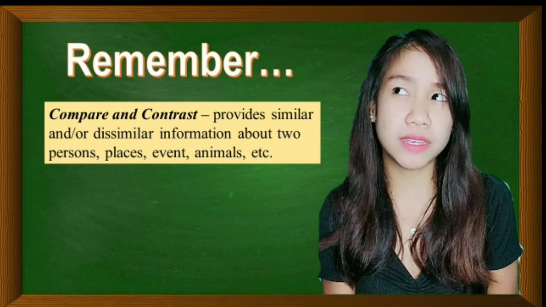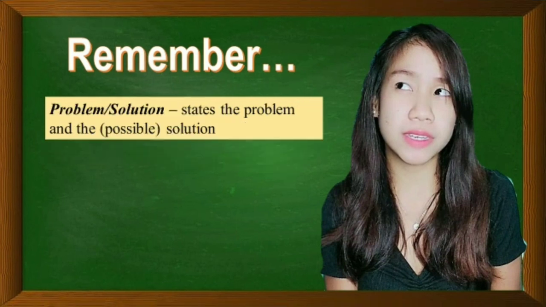It provides similar and or dissimilar information about two persons, places, events, animals, and etc. So therefore, if a text compares and contrasts something, then that's compare and contrast structure. And lastly, we have problem or solution structure. It states the problem and of course the possible solution for the problem. So if a text presents the problem and at the same time the solution, then basically that structure is problem and solution.